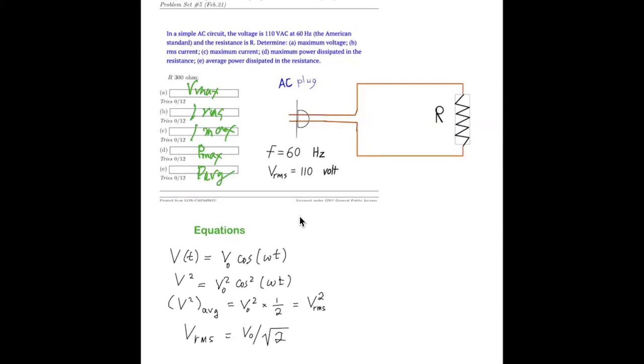There'll be a current here which is alternating. As the current alternates, remember, power is I squared R. So as I alternates between plus Imax and minus Imax, I squared alternates between 0 and Imax squared.